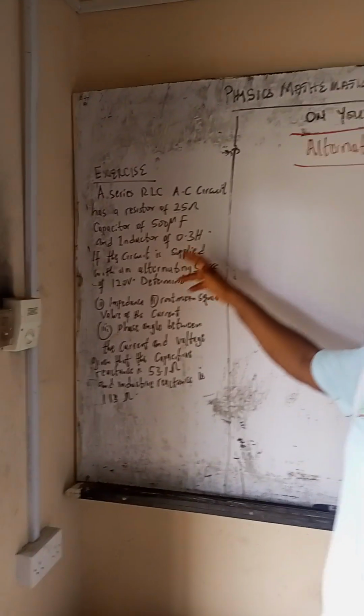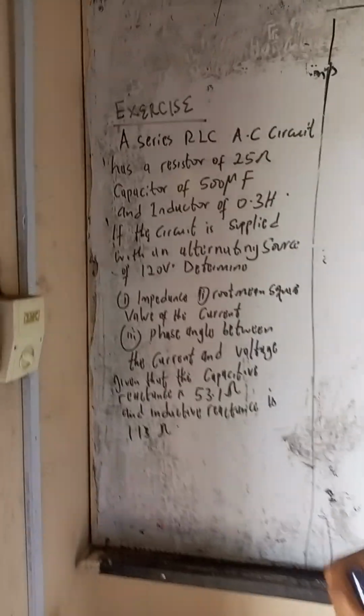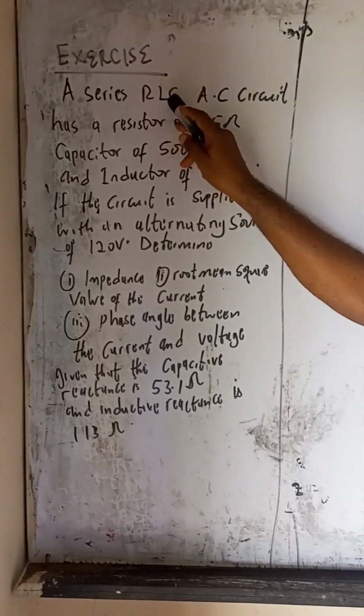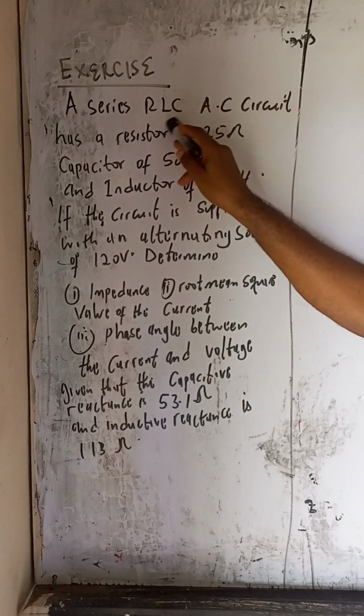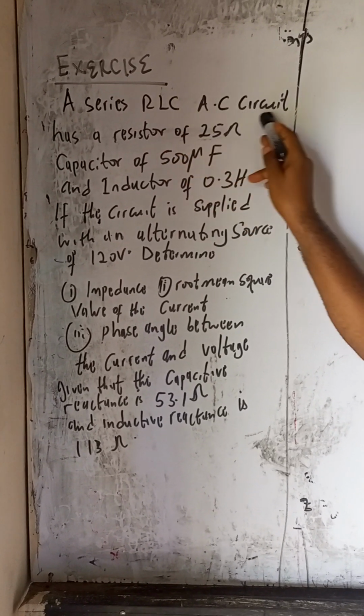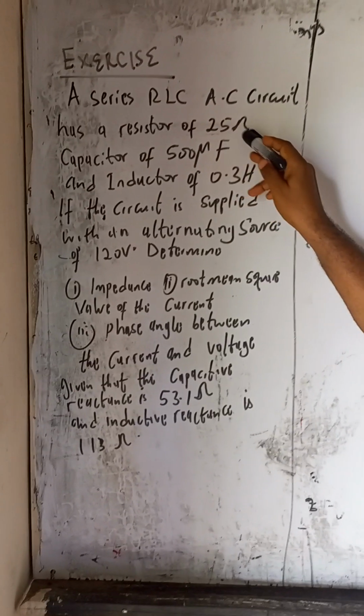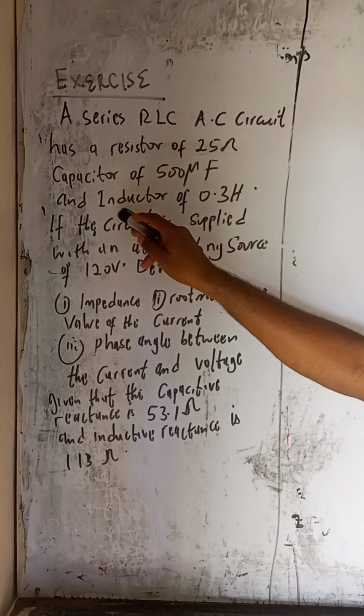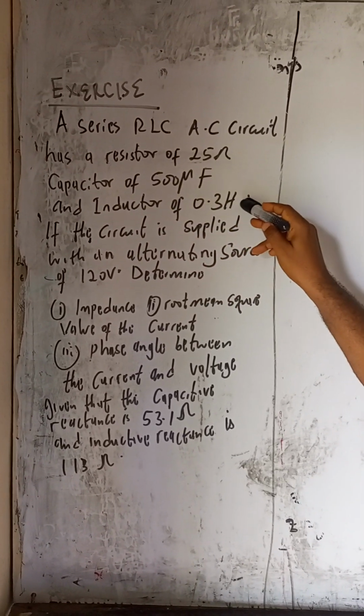Let's check this problem. The problem says a series RLC, that means resistor, inductor, capacitor. That is an AC circuit containing a resistor, inductor, and capacitor, has a resistor of 25 ohms, a capacitor of 500 microfarad, and an inductor of 0.3 henry.